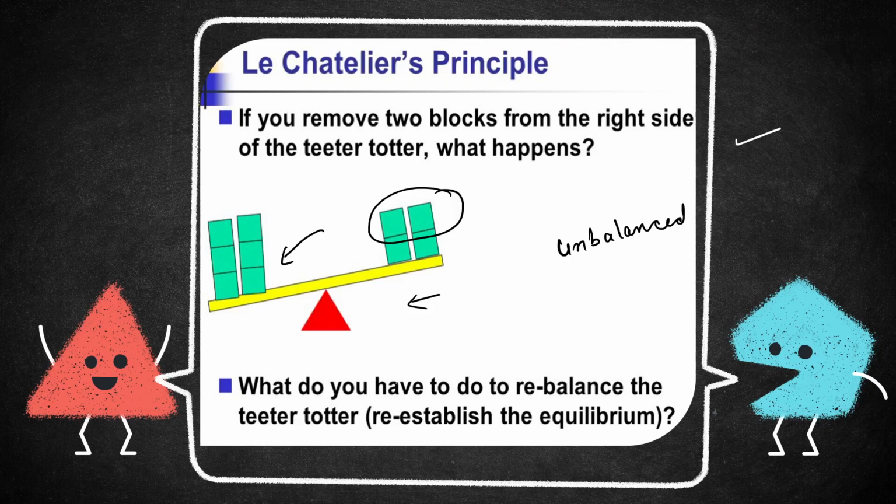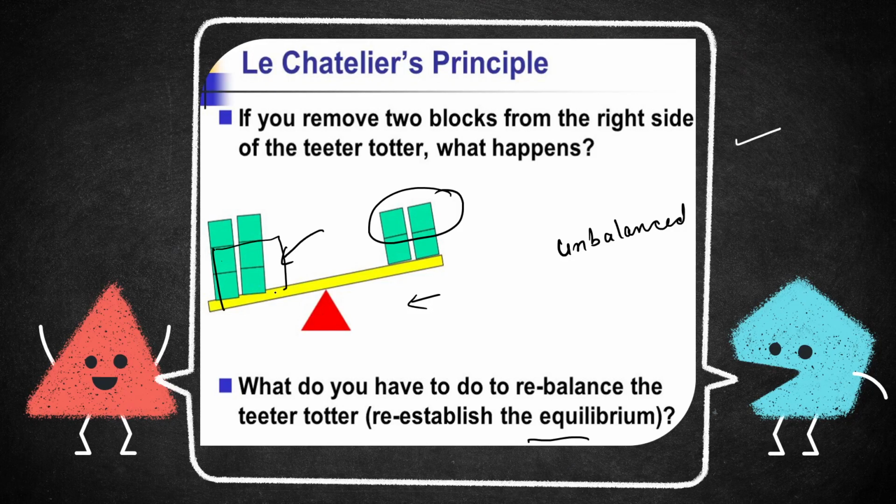Now, the next question is, what do you have to do to rebalance the teeter-totter or re-establish the equilibrium? Think of what you need to do to rebalance it. Yes, the count of the blocks should be equal on both sides.